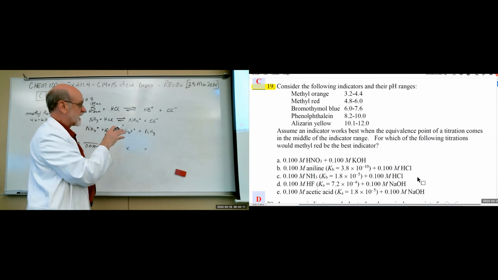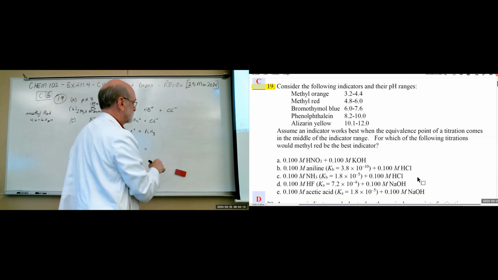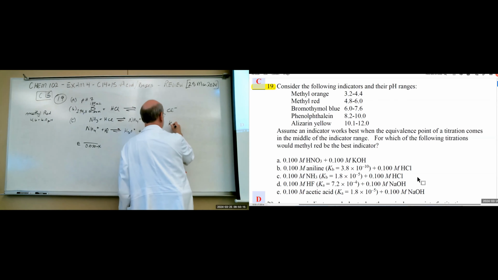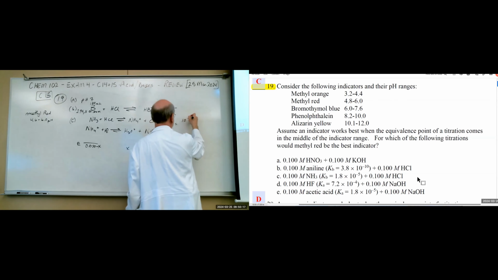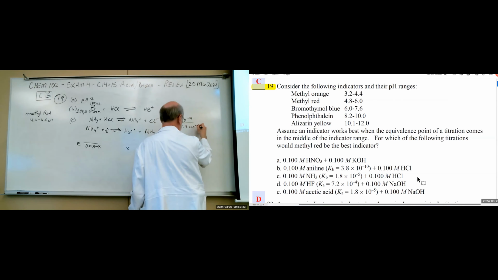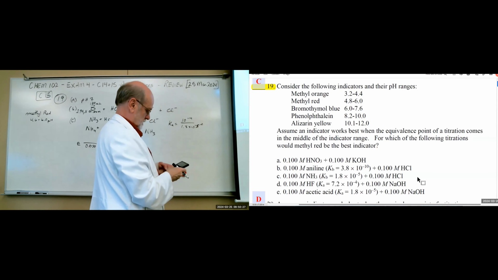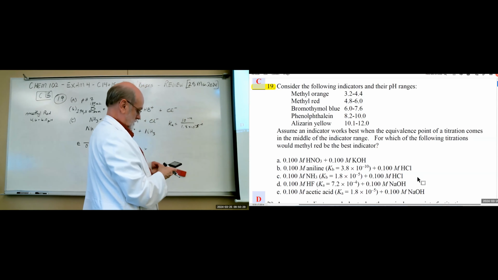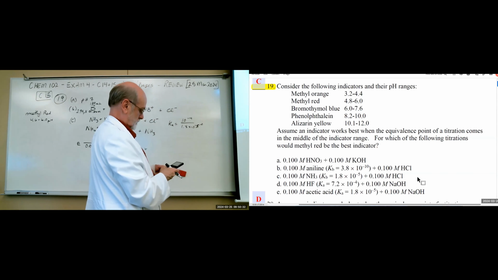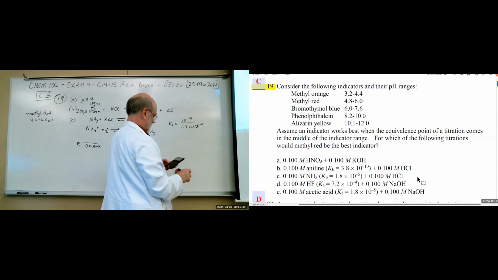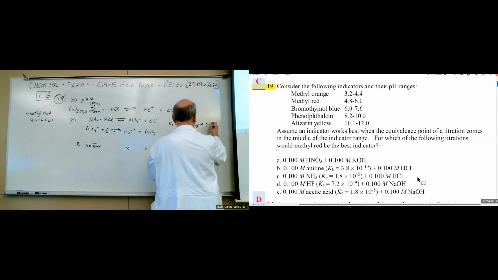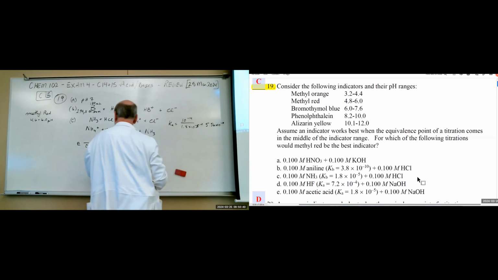So what we need is the Ka for ammonium. The Ka is 10 to the minus 14 divided by 1.8 times 10 to the minus 5. So what's that? Right. This is 5.56 times 10 to the minus 10. Okay.